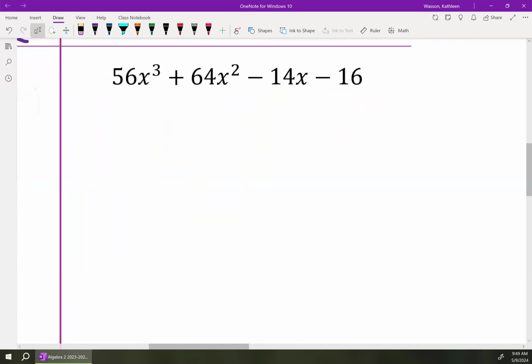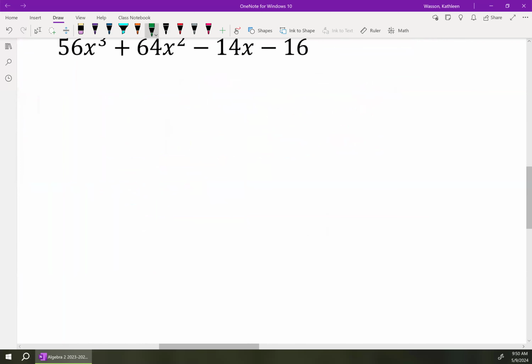So here, I look for a greatest common factor. All of the numbers are even, so I at least have 2. But 2 is going to be it because 14 is 2 times 7, and none of the other factors are divisible by 7. Well, 64 is not, and 8 won't be. So I pull out my 2.